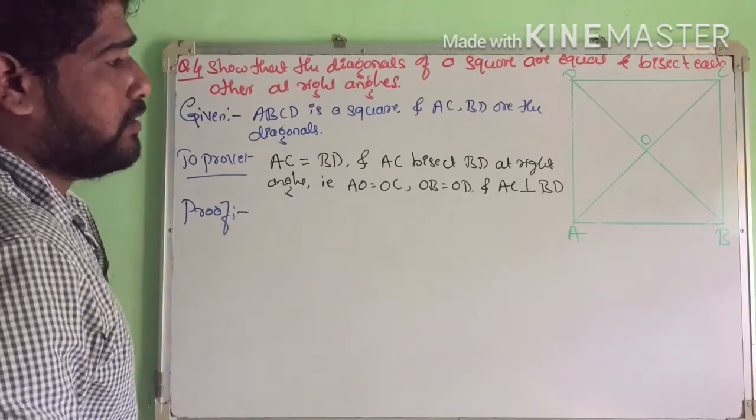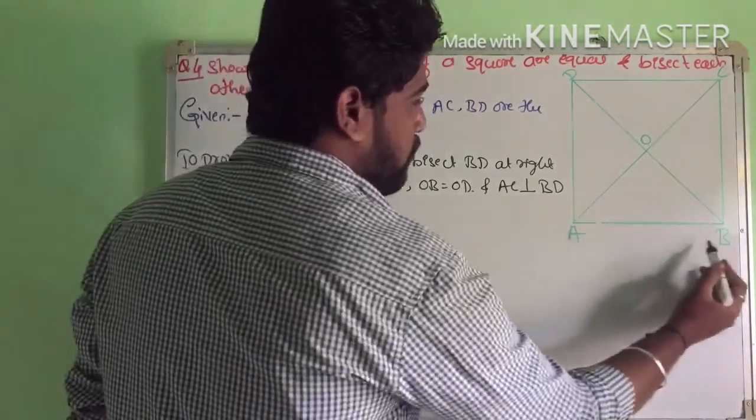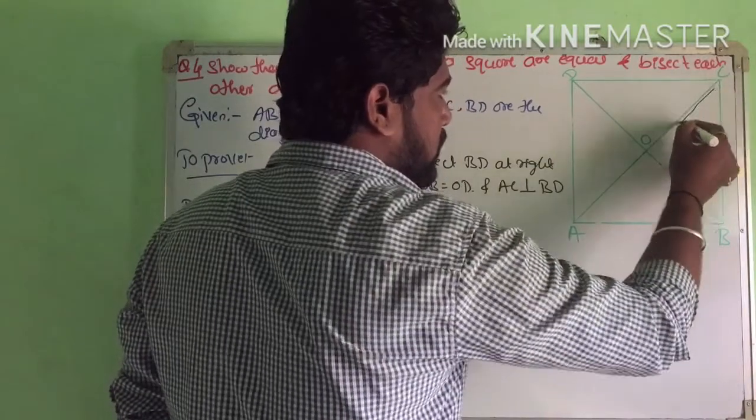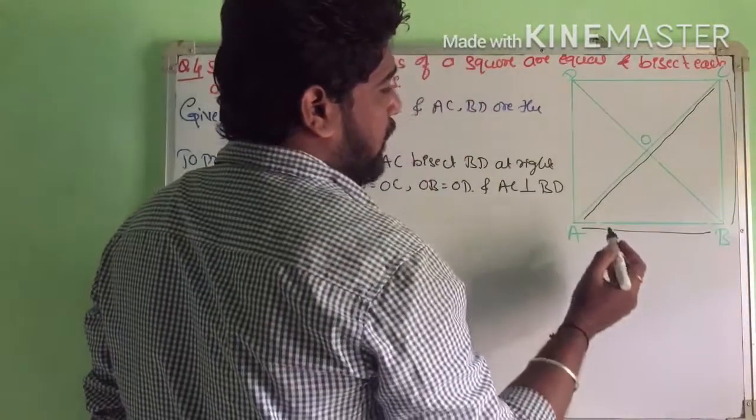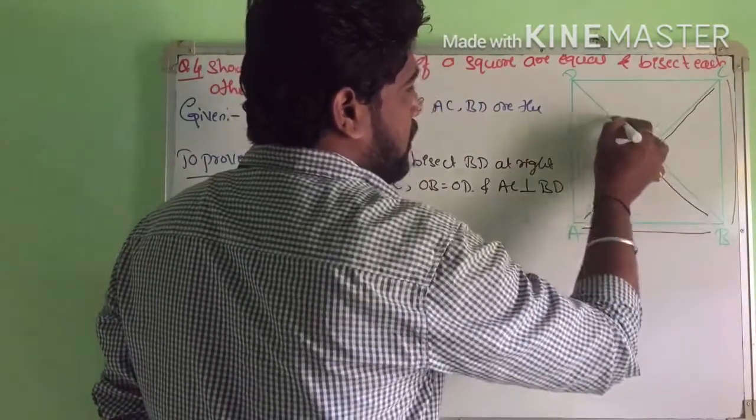So consider the two triangles. Which ones? Triangle ABC and another triangle ABD.